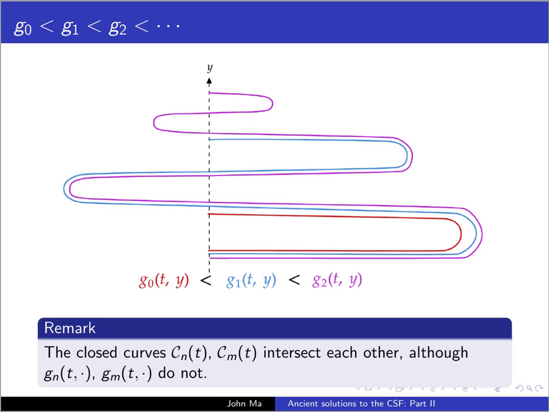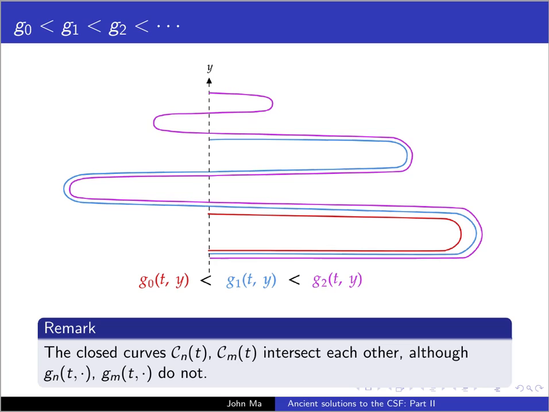From this picture, you see that the functions Gn are disjoint from each other, but you're reminded that the closed curve is not exactly Gn. Gn is just one half of Cn, so we have to reflect all these G0, G1, and G2, and then glue them along their respective endpoints.